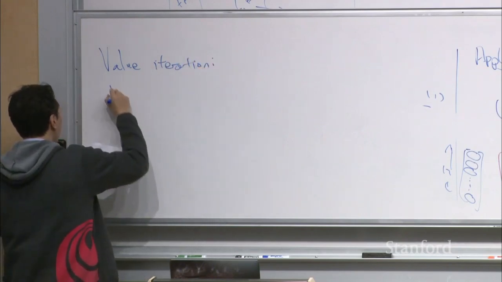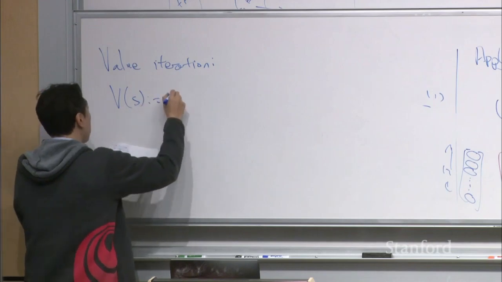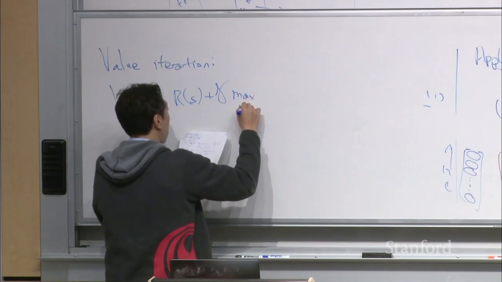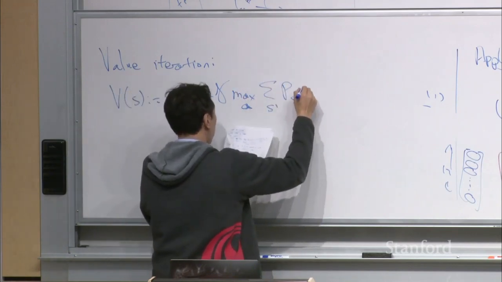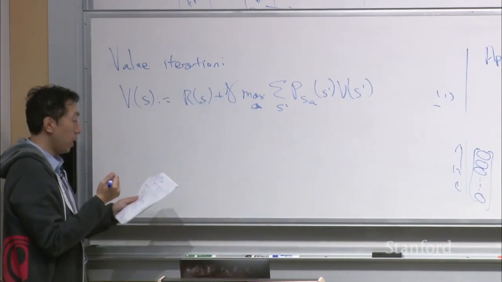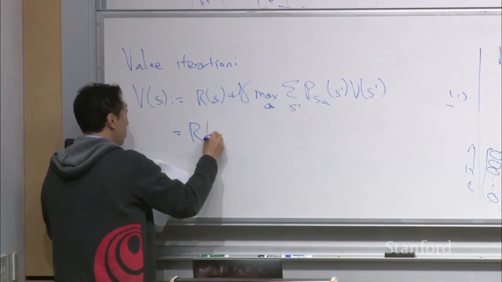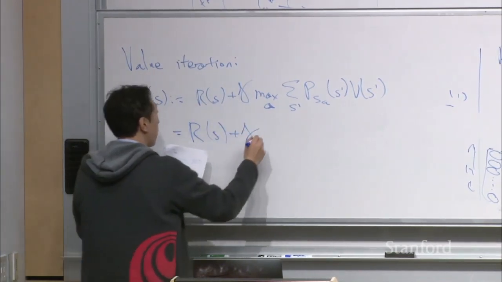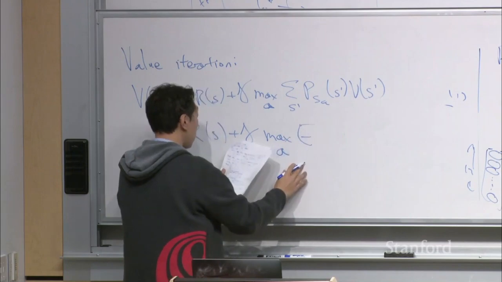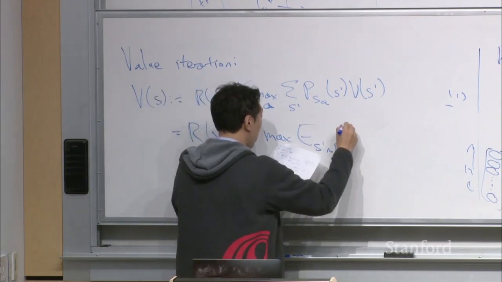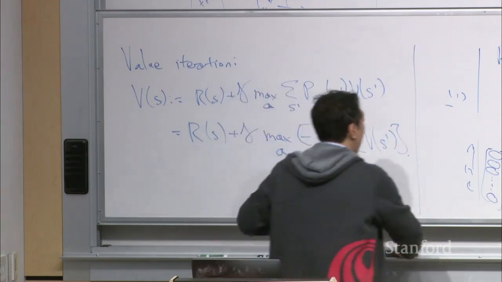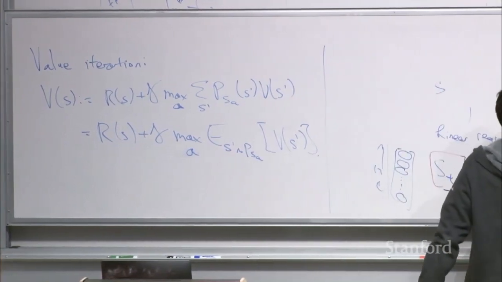What we had previously was we would update V of S according to R of S plus gamma max over A, and so on. This was what we had last Monday. And I said at the start of today's lecture that you can also write it this way. Okay, so let's take that and generalize it to fitted value iteration.